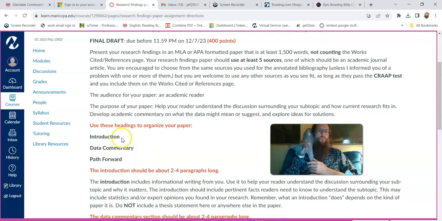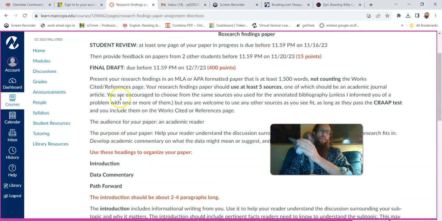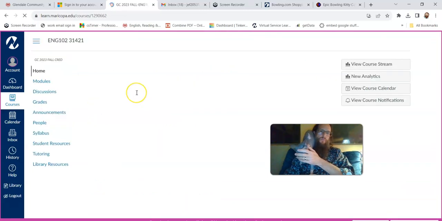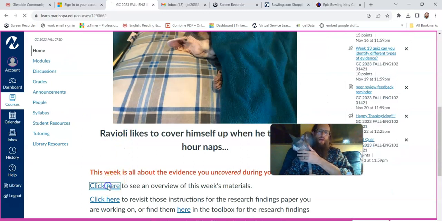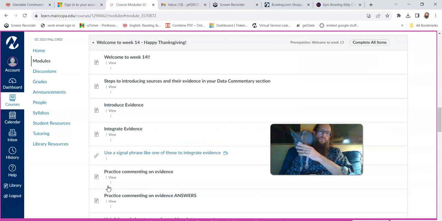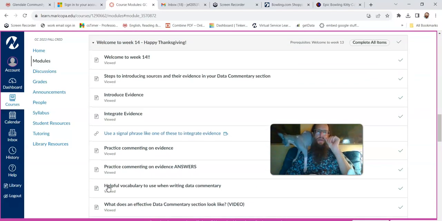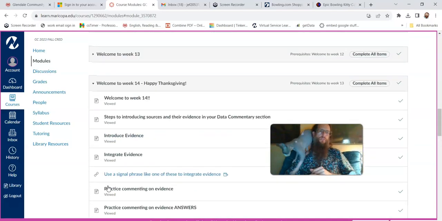And the hope is that you have sources that will give you ideas that you can use here, right? And indeed, if you go into this week's module materials, there's a page where I talk about where you can find ideas in your sources to use in the path forward section.